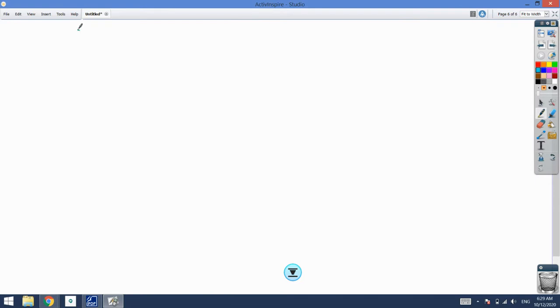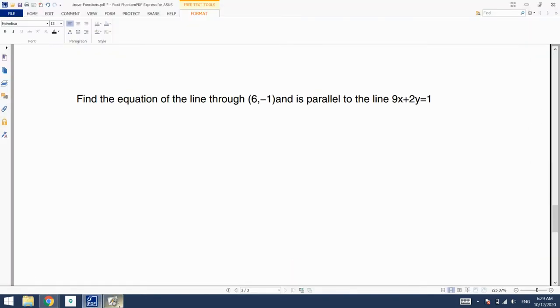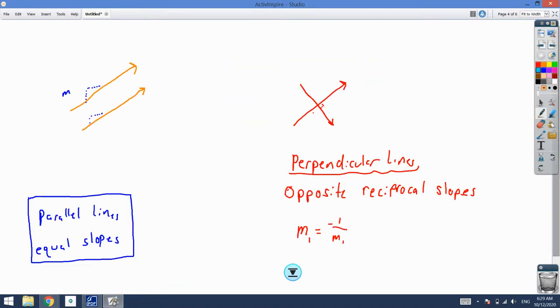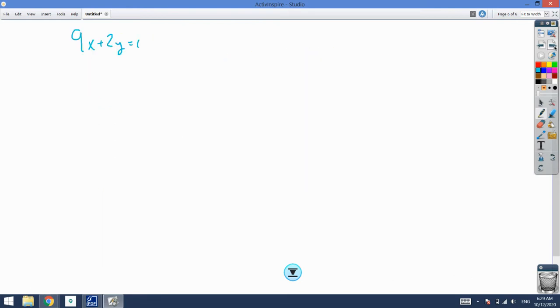If we have 9x plus 2y equals 1, we know that parallel lines have the same slopes. So let's figure out what the slope is. One of the simpler ways is to get this into the form y equals mx plus b, or slope-intercept form.